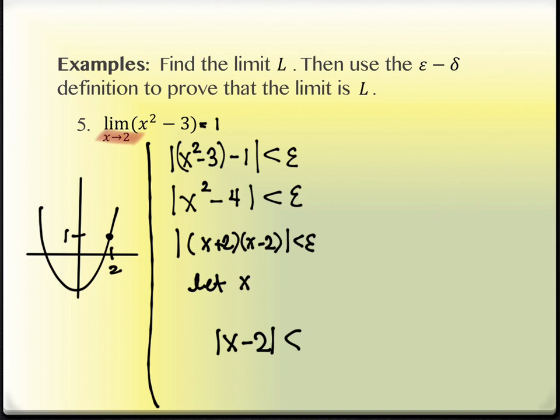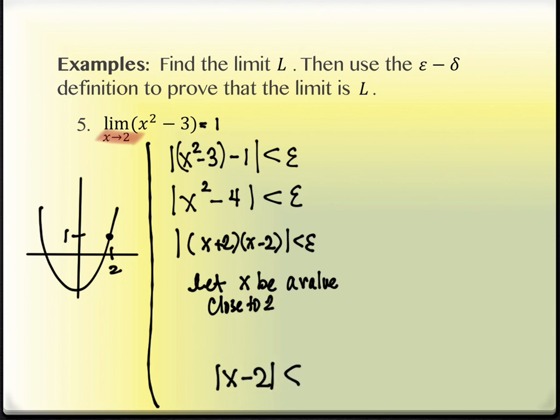Let x be a value close to 2, which we know it's supposed to be. That's the whole point, is that x is supposed to be close to 2 when we're done. And we're just going to make it within 1.